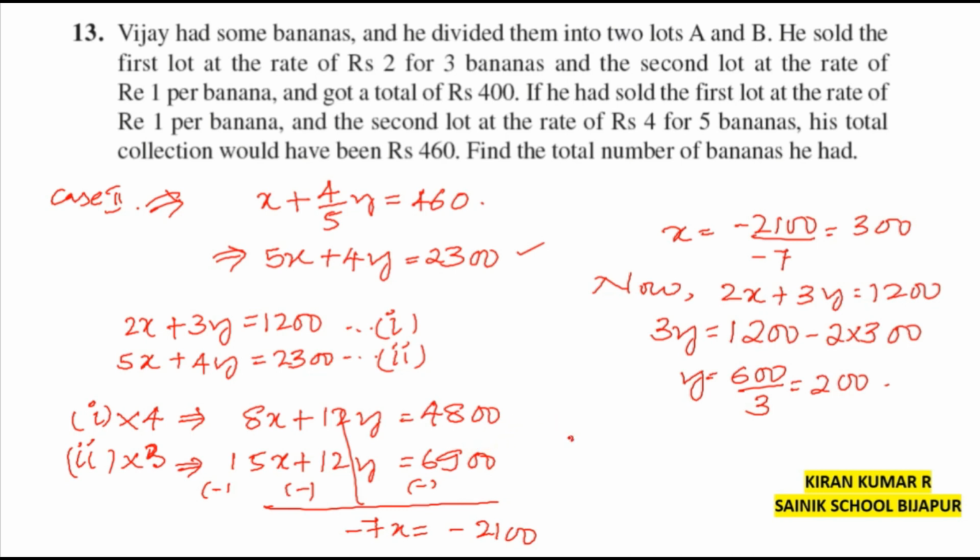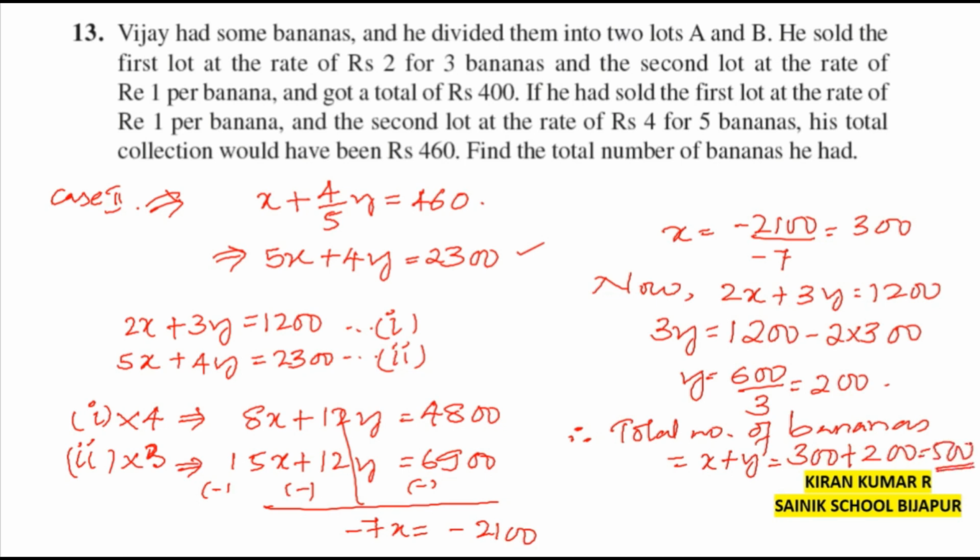Therefore, the total number of bananas is x plus y. If you add them, 300 plus 200 becomes 500. Totally he had 500 bananas, divided into lot A and lot B. Lot A contains 300 bananas whereas lot B contains 200 bananas.